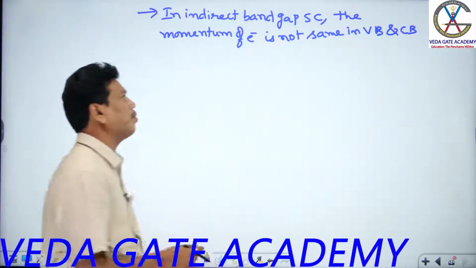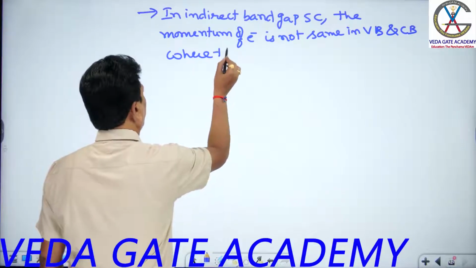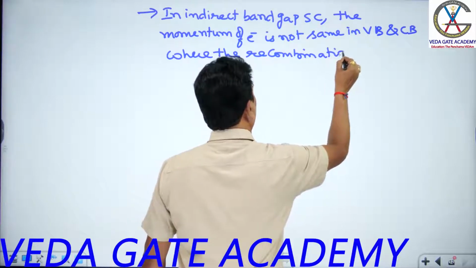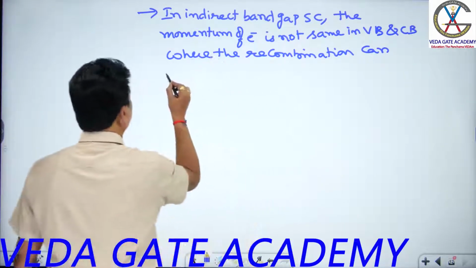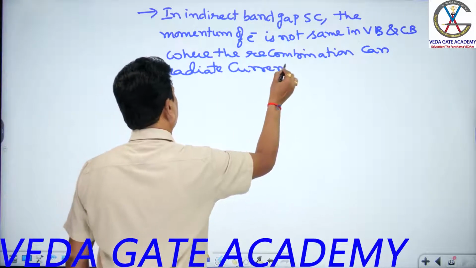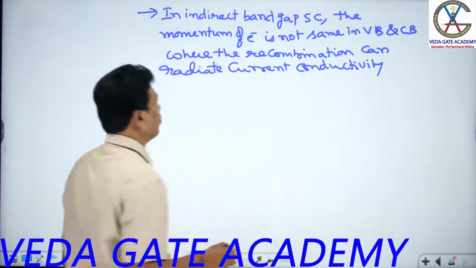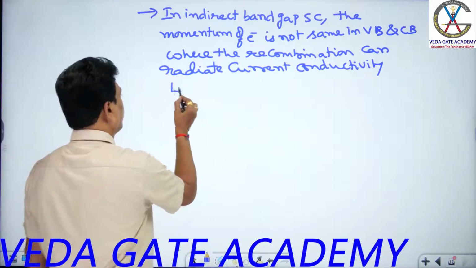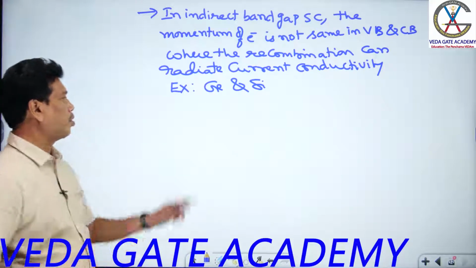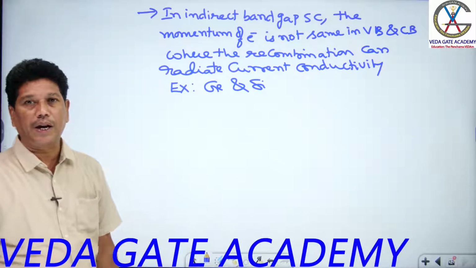So it moves with changing momentum, where the recombination can radiate heat or current conductivity. Example: the most popular semiconductors, germanium and silicon. Those are indirect band gap semiconductors, right?